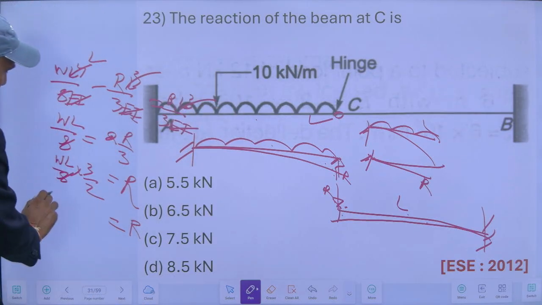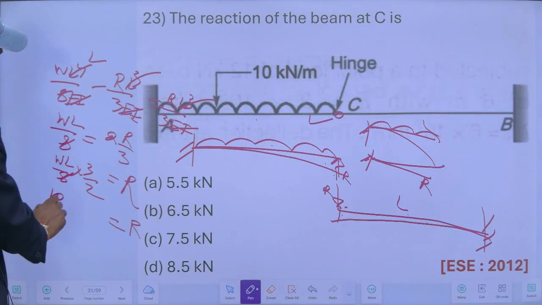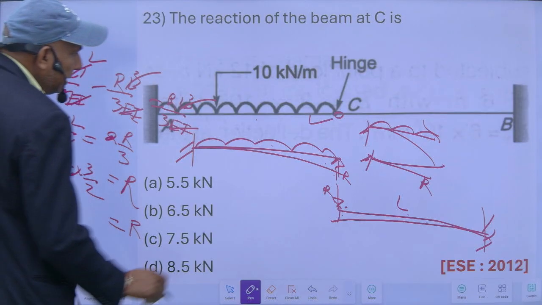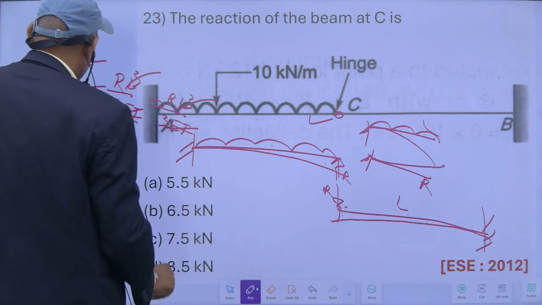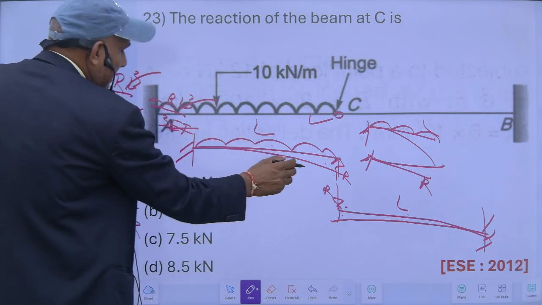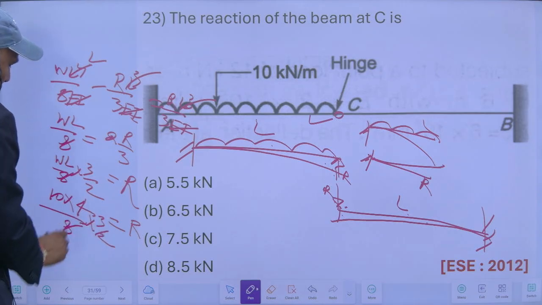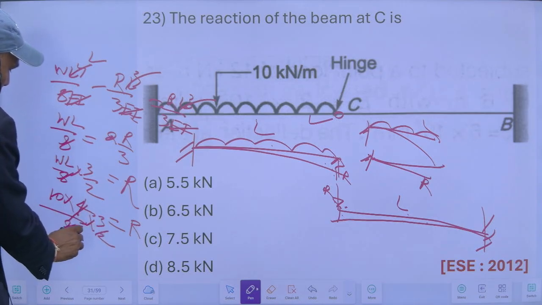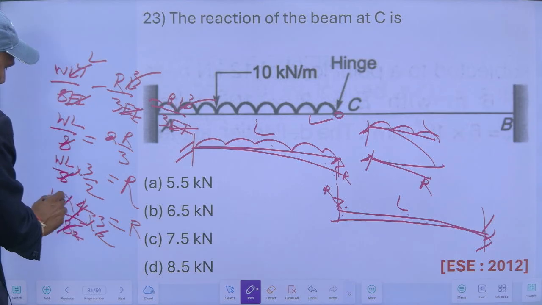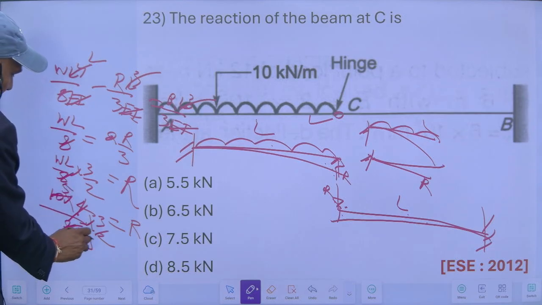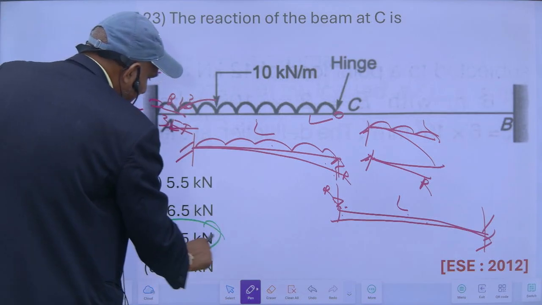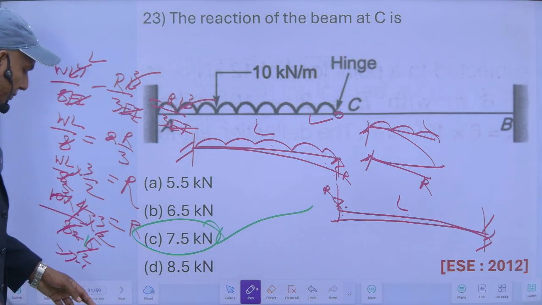This is 10 kilonewton per meter into the length, and this is 4 meter, upon 8 into 3 by 2. So this will be 15 by 2. 15 by 2 means 7.5. This one is the right option.